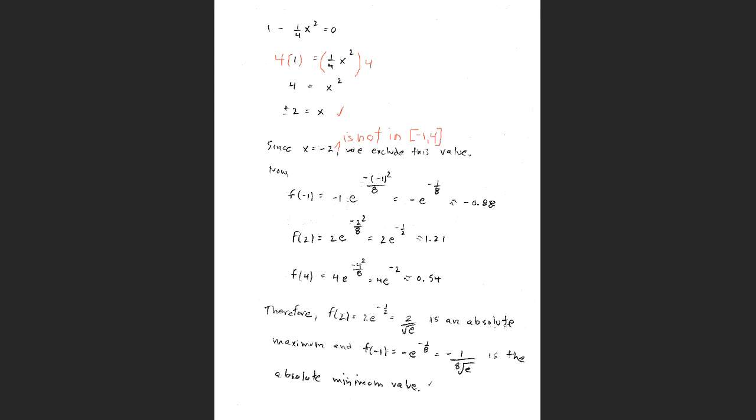Right? We're restricting our x values that we're considering, the domain. We're restricting our domain to be x values between -1 and 4. So since x equals -2 is not in the interval from -1 to 4, we exclude this value from consideration.